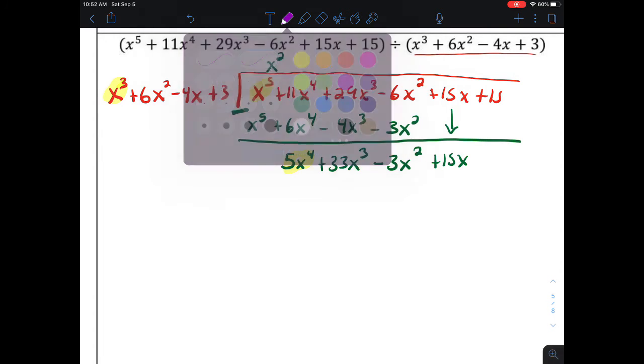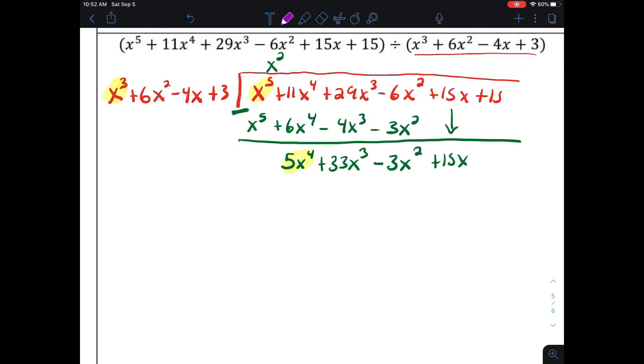Let me change colors, go purple. To make x to the 3rd become 5x to the 4th, you'd have to multiply by a positive 5x. And so I would then take that 5x and multiply it to all of the terms in that equation again. And so it'd make 5x to the 4th plus 30x squared minus 20x plus 15x.